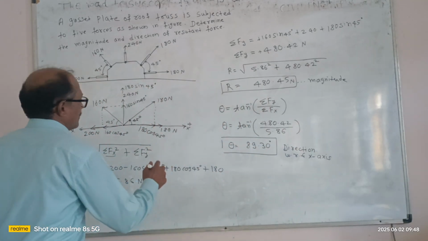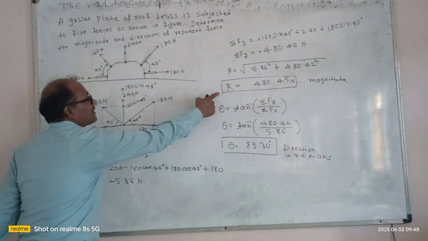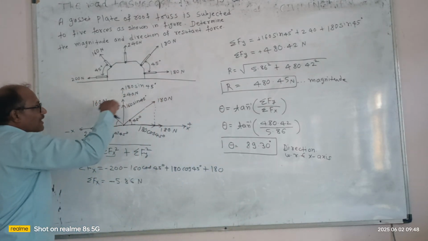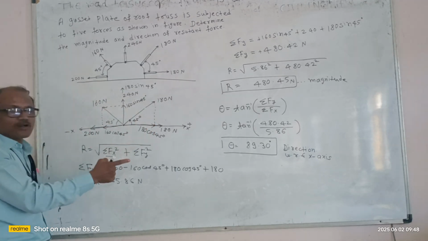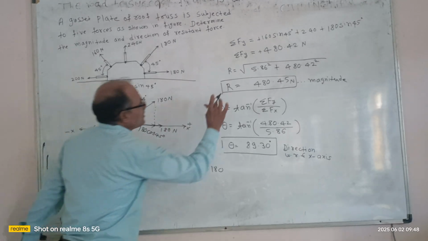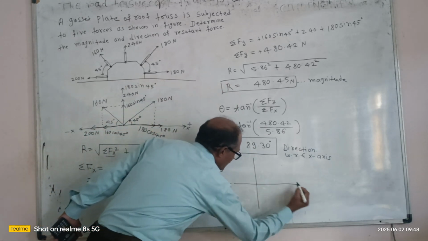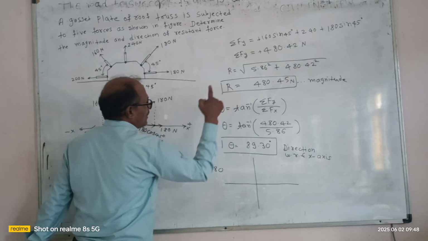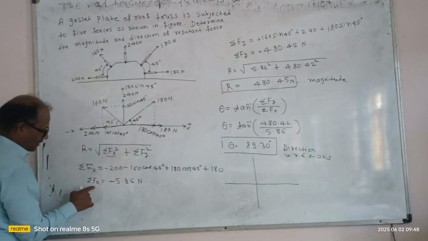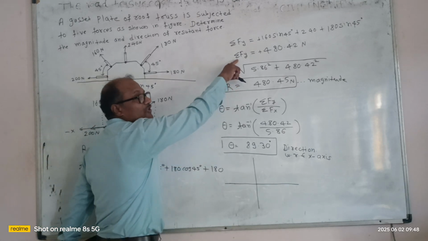Now, finding the resultant means what? We can replace these 5 forces by a single force, and that single force is called the resultant force. So this resultant force can be shown in this xy plane like this. See here, summation of Fx is negative and summation of Fy is positive.